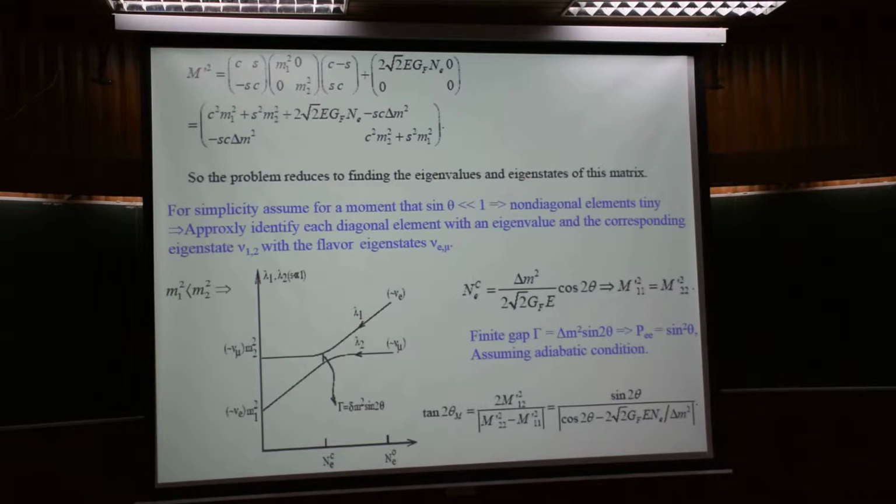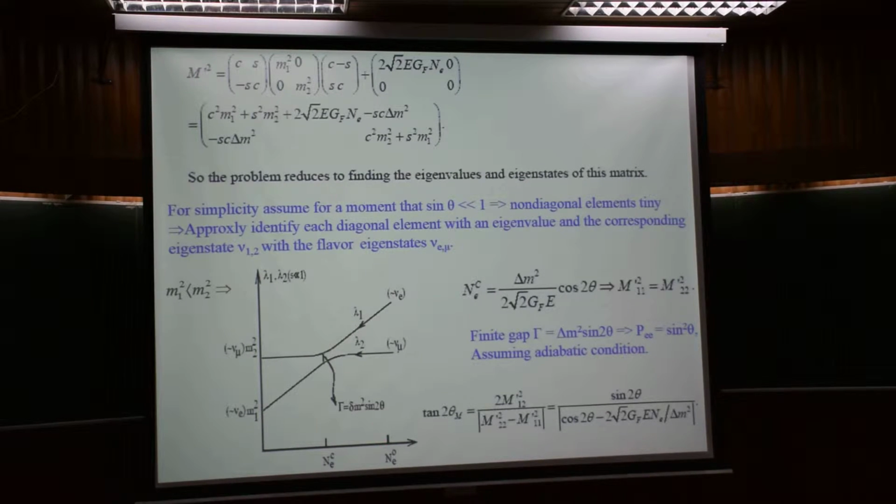If you are at the solar surface, where the electron density is 0, then of course it gives you the vacuum mixing angle. But when you go to the crossover point, the two terms in the denominator cancel, so the denominator vanishes. So tan 2 theta becomes infinity, so 45-degree maximal mixing, that is called resonant conversion.